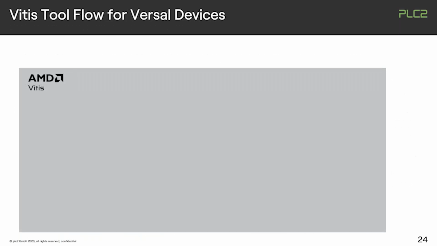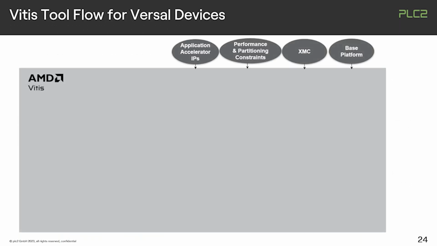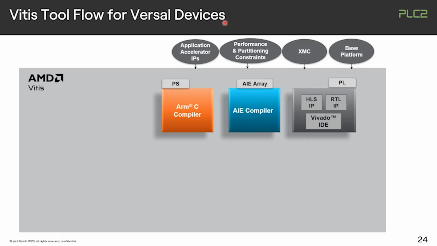So from our perspective, we have a tool chain that comes in from the base platform, which we saw built in Vivado. You have some ideas of particular algorithms that you want to accelerate. You can use either the CPU to run them still, or you can use the AI engine array, or you can use HLS to convert the C code into some HDL code.